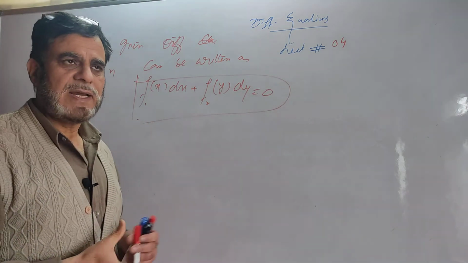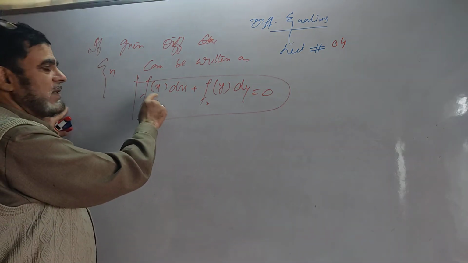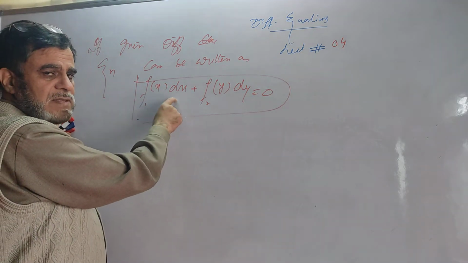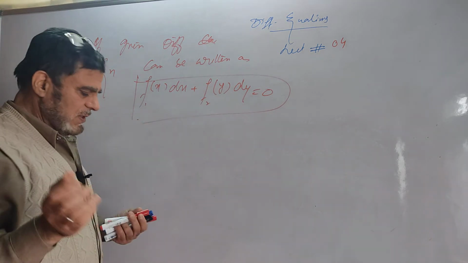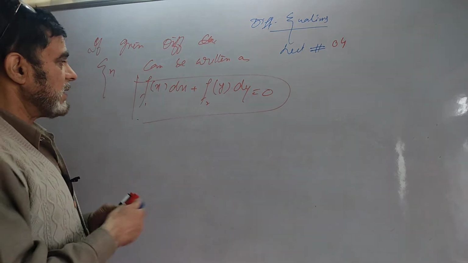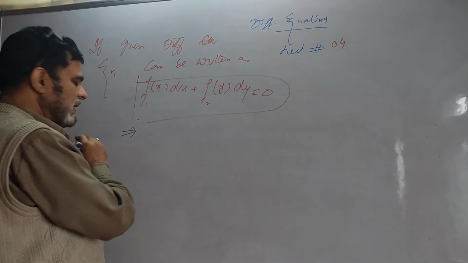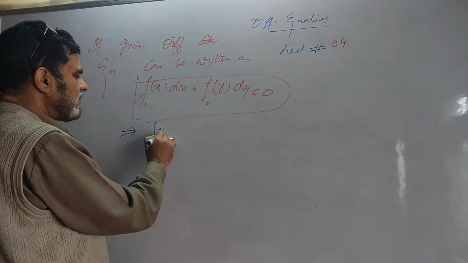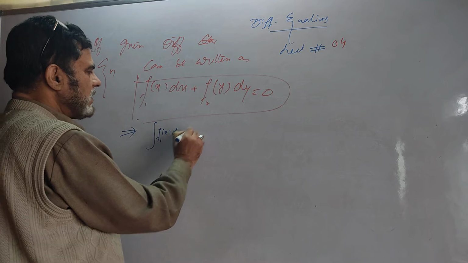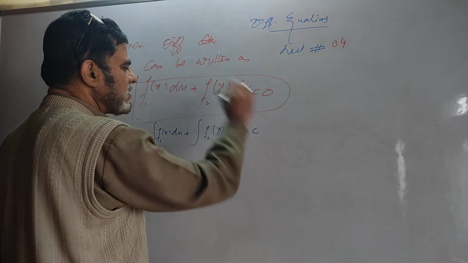In this way also we have written all the terms of x with dx, and the functions of y with dy. In between them you have plus, that hardly matters. You can transpose this to the right side, or you can write the solution as integral of f1(x) dx plus integral of f2(y) dy, and add the constant c on one side.